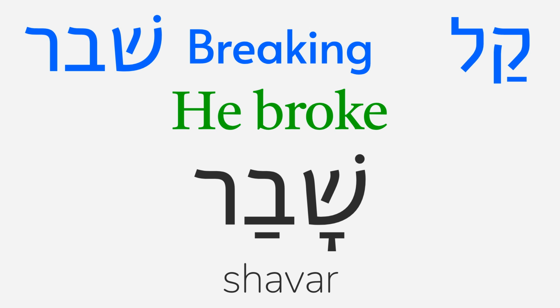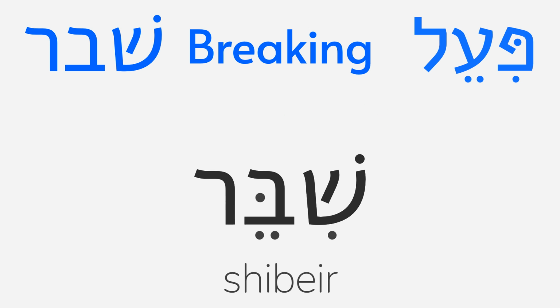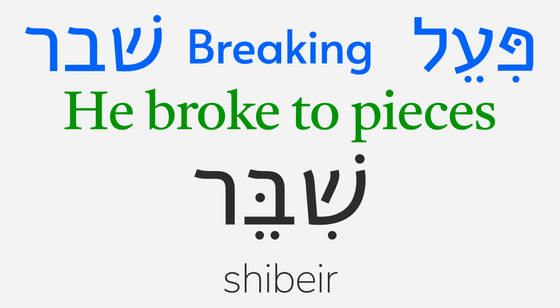Shavar, he broke. If we put this root in the binyan pi'el instead, with the vowels hirik and tsere, we get shiber. The pi'el often makes roots have more intense meanings than they do in the kal. So shiber doesn't just mean he broke, but he broke to pieces.